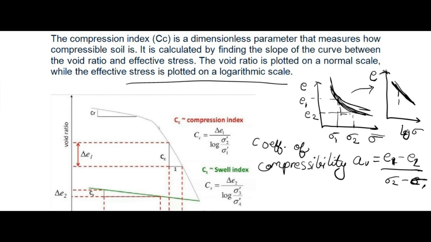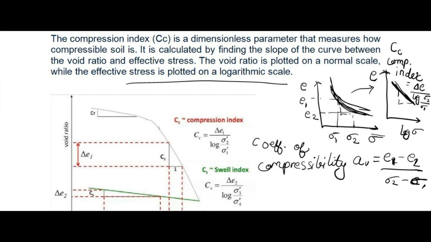Similarly, Cc, that is the compression index, is the slope of the logarithmic scale, and it can be written as delta e by log of sigma 2 by sigma 1.